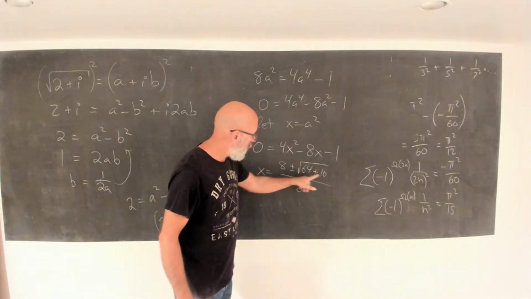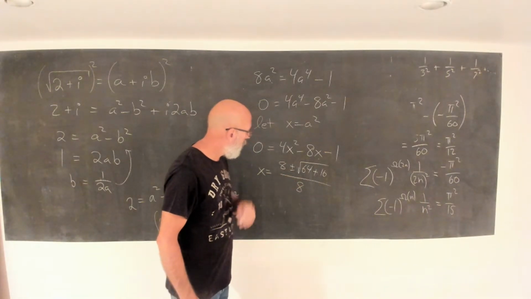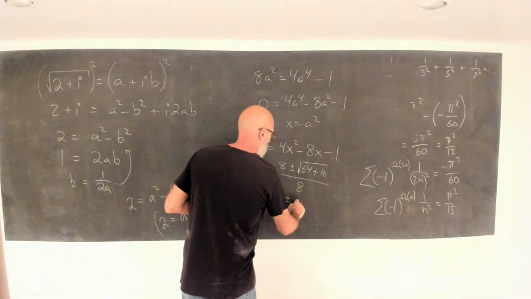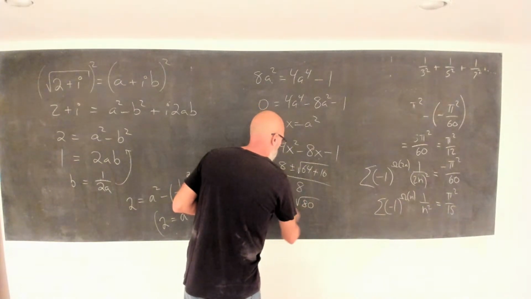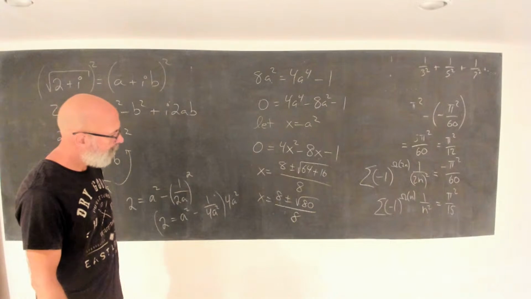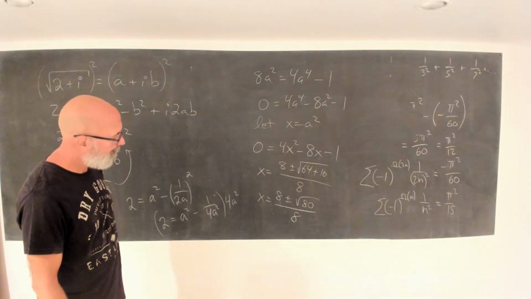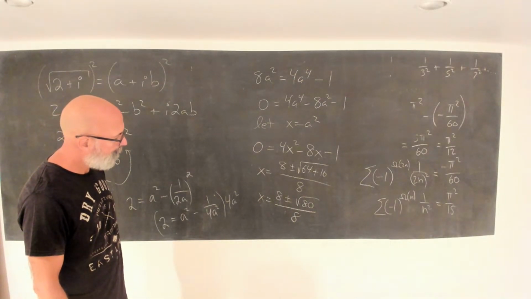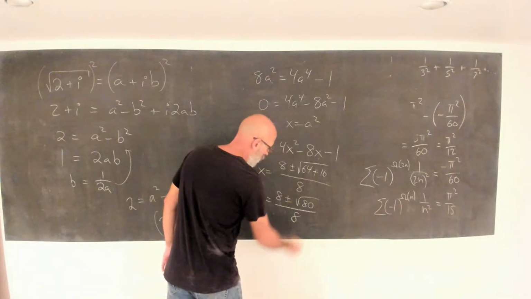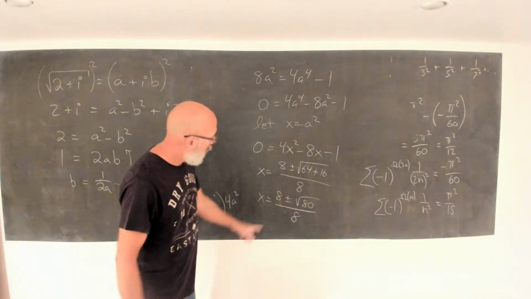So 64 plus 16 is 80. So that's 8 plus or minus square root of 80 over 8. Well, whatever.